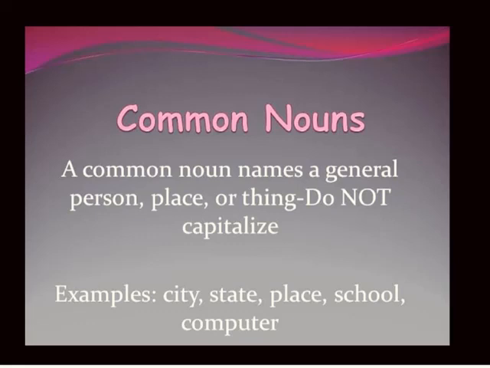It is not a specific name. It is not a special name. It is just a common or a general name. We do not capitalize it. How will we identify that a particular word is a common noun? We will identify it because we never write a common noun with a capital letter.